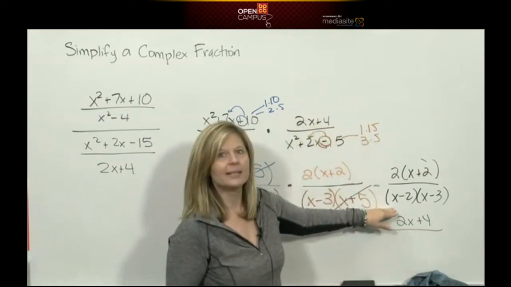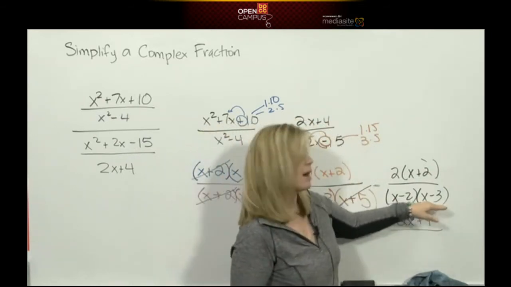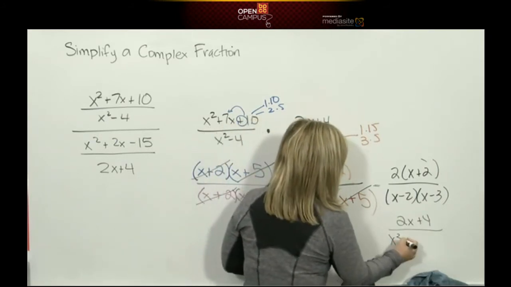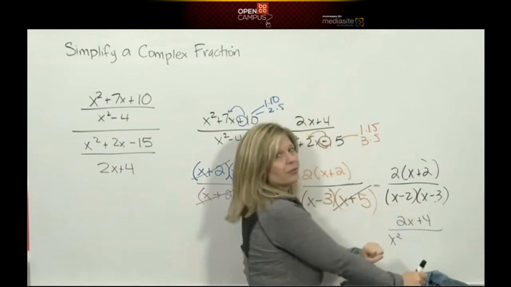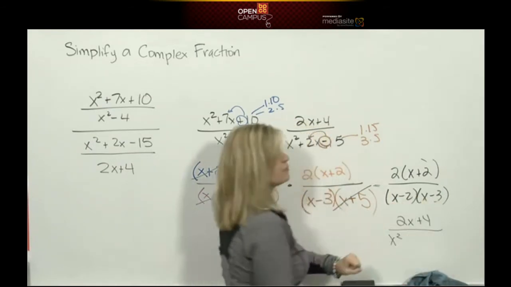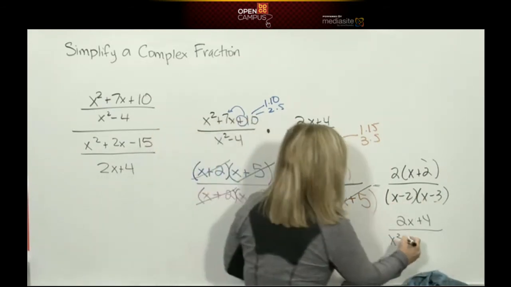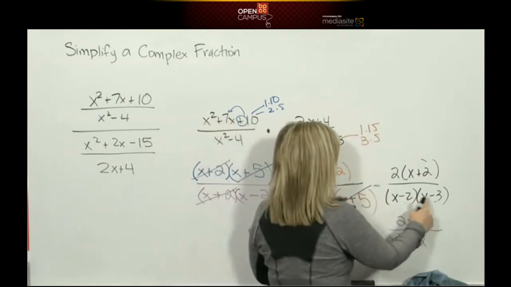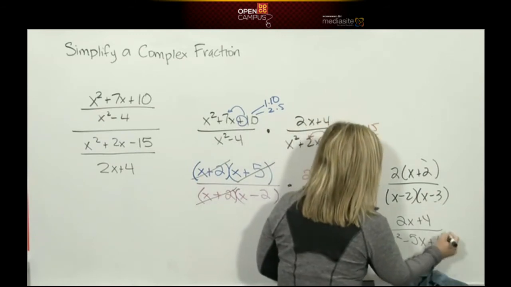So just to review, if I multiply my numerator, I would distribute. 2 times x is 2x. 2 times 2 is 4. If I multiply my denominator, it's a binomial times a binomial, so I'm going to do FOIL. First is x times x, which is x squared. Outers are negative 3x. Inners are negative 2x. Negative 3x and negative 2x add to negative 5x. Last would be negative 2 times negative 3, which is positive 6.